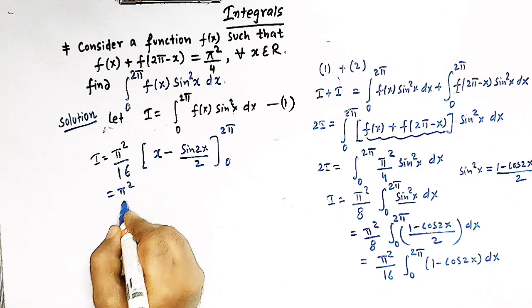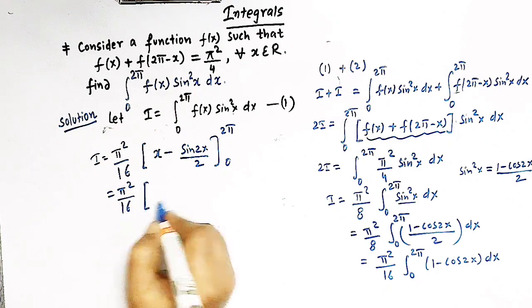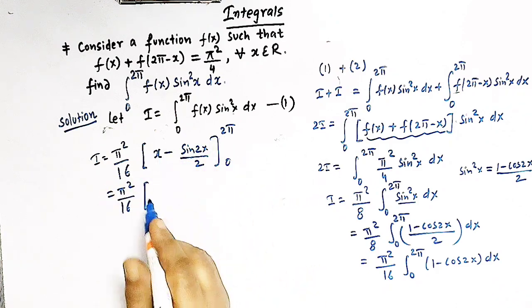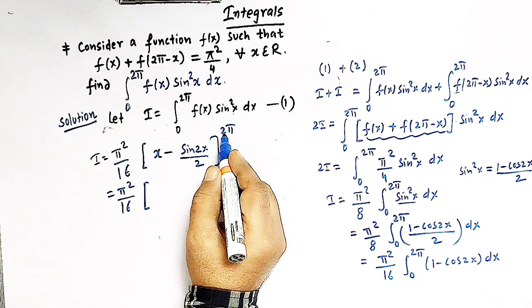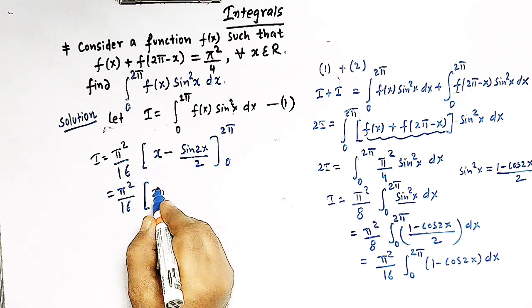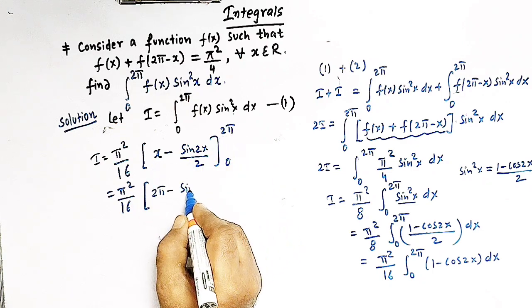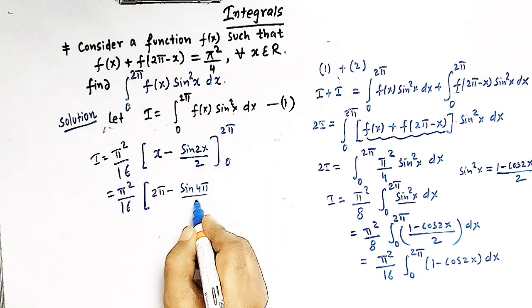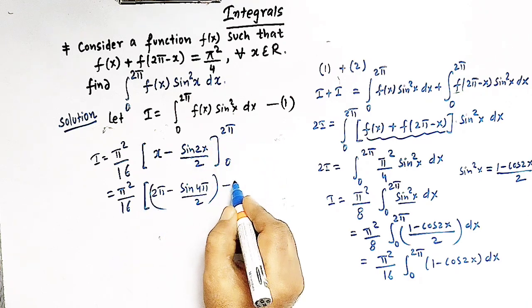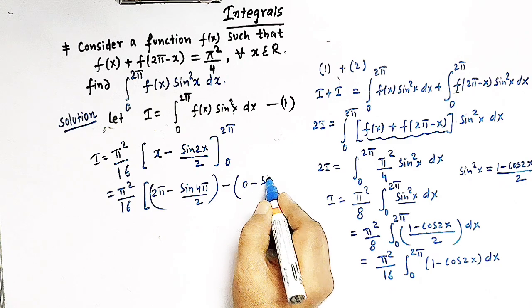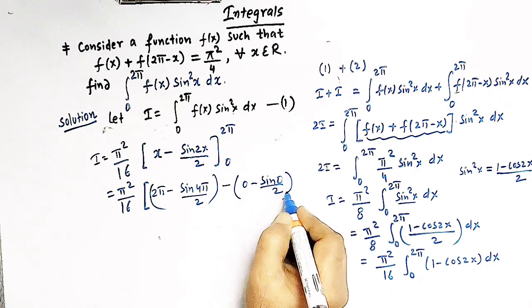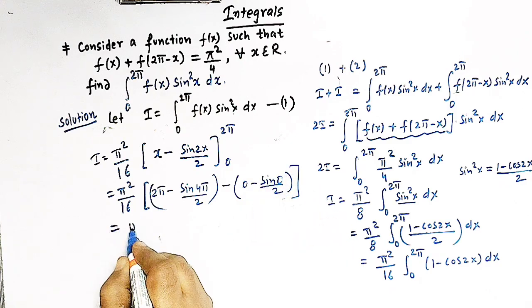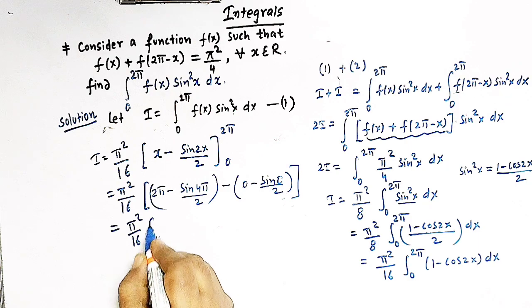Now let us substitute the limits and take the difference. When x is 2 pi, we have 2 pi minus sine 4 pi over 2, and then minus, for 0, 0 minus sine 0 over 2. So this is pi square over 16.